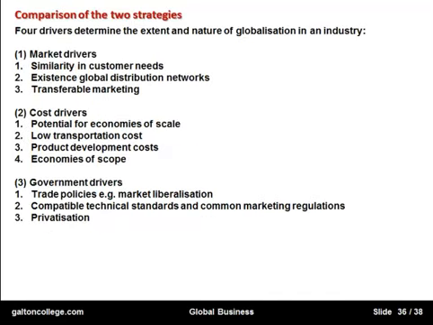Now, government drivers. Governments, their activities may lead to globalisation. Trade policies, for example, market liberalisation, where there's reduced import tariffs and obstacles to trade. There could also be compatible technical standards and common marketing regulations.